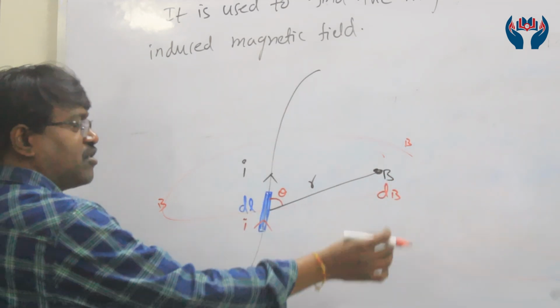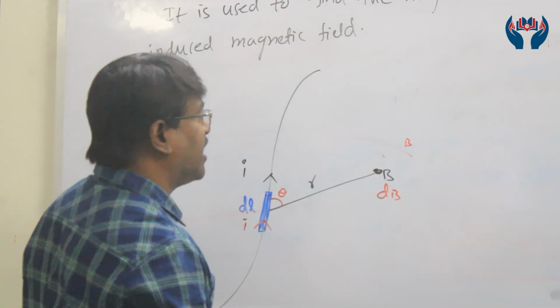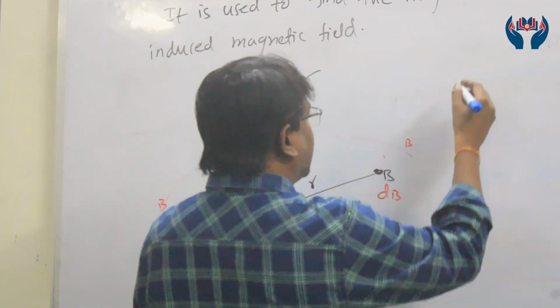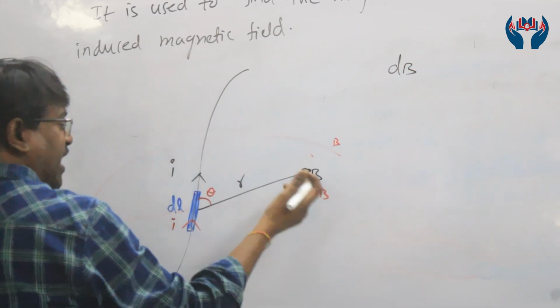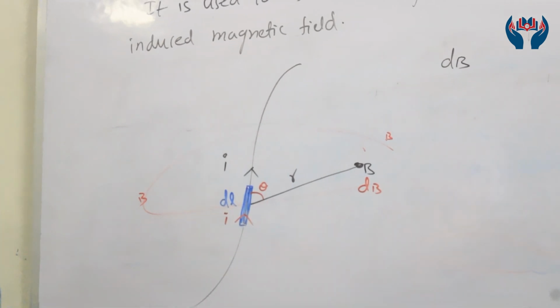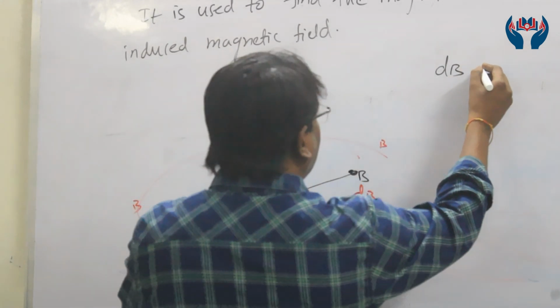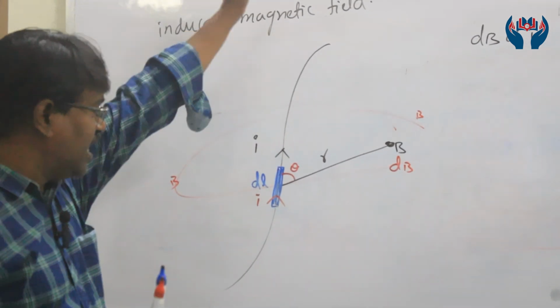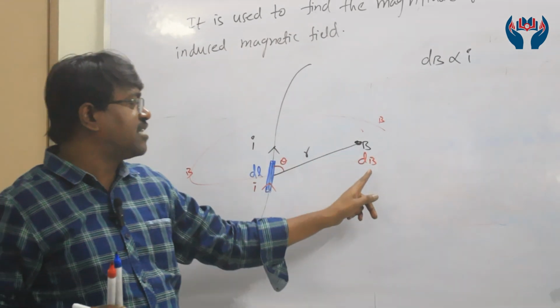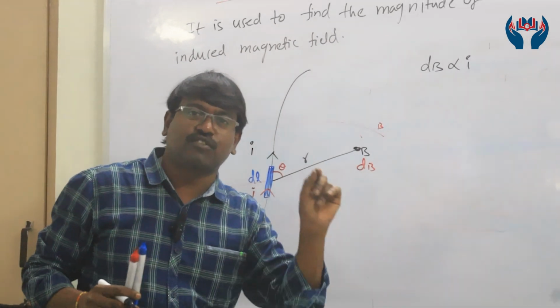Now, the induced magnetic field dB at this point is directly proportional to the current passing through the conductor, which means if the current increases, the magnetic field at this point also increases.